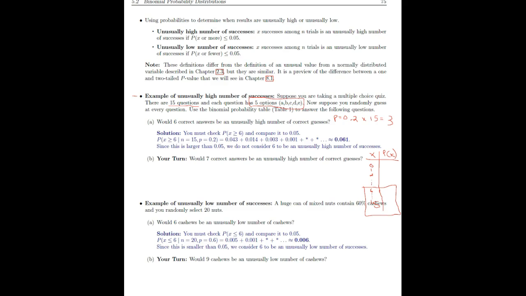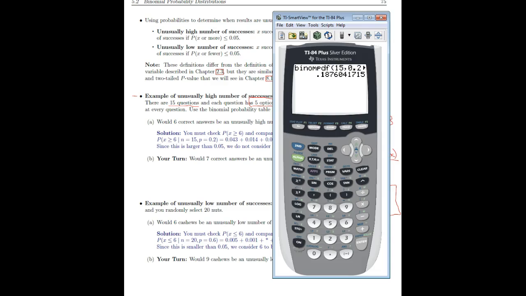The probability of getting exactly 6 correct, you could either use the table like the problem offered, or you could use the calculator and find binomPDF of 15 trials, probability of 0.2, exactly 6 correct. It is 0.04299 and so on.